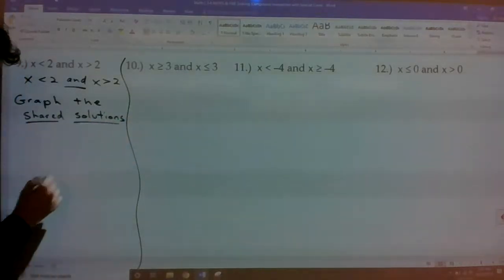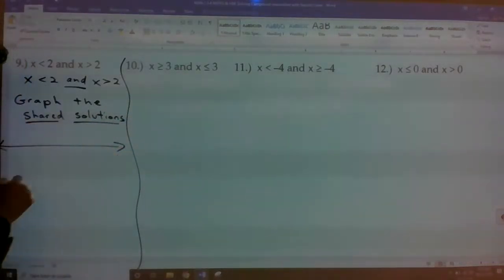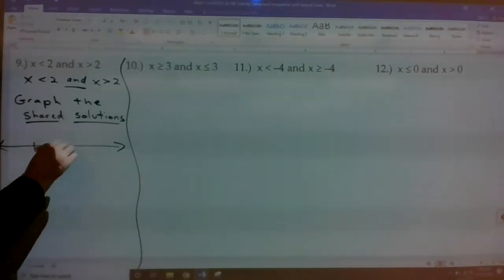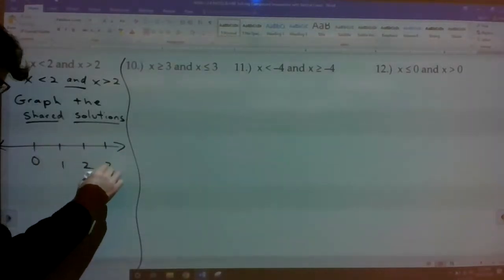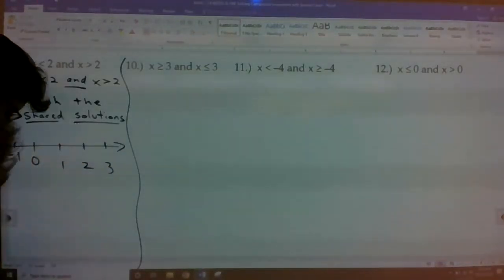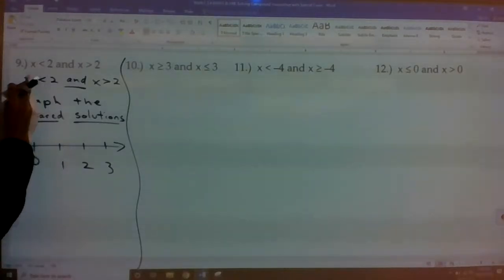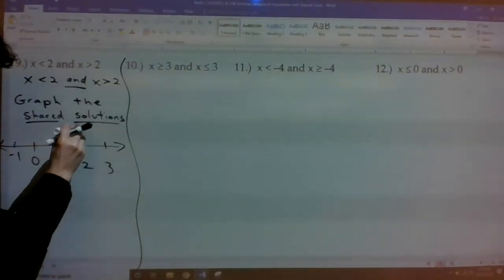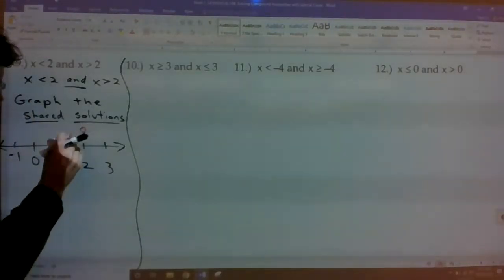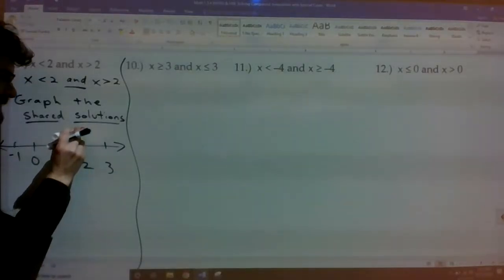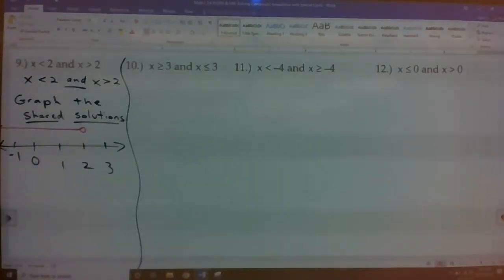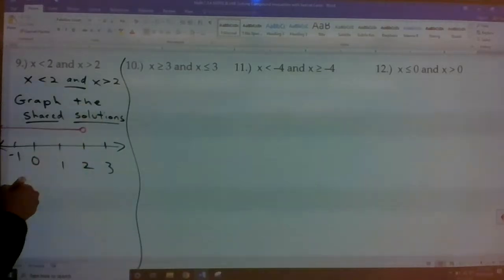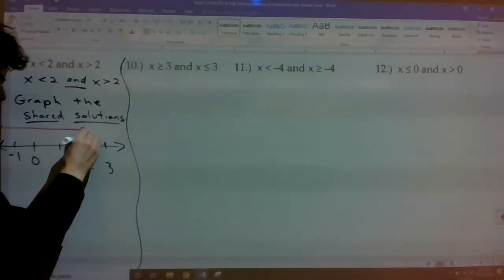If I were to graph these on the same number line, 1, 2, 3, I'm going to graph x is less than 2 in red, and I'm going to put it above the number line so I can see it a little bit better. Here's x is less than 2 on the number line. Here's x is greater than 2 on the number line.